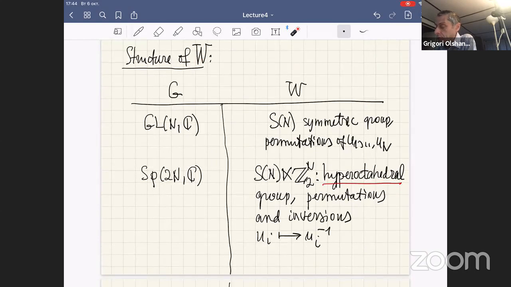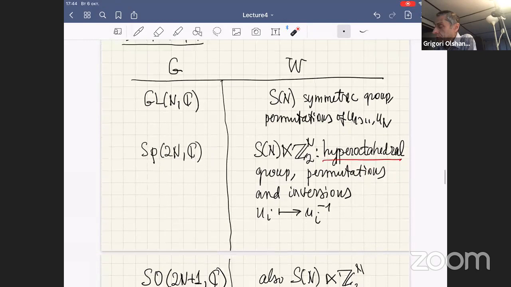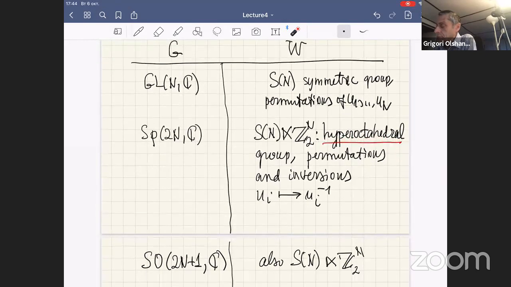This is the structure of a Weyl group. In type A, this is simply the symmetric group, which acts by permutations of its variables. In type C, this is the so-called hyperoctahedral group, the group of symmetries of an n-dimensional cube. It is a semi-direct product of the symmetric group and the product of n copies of the group Z2. What are these elements?